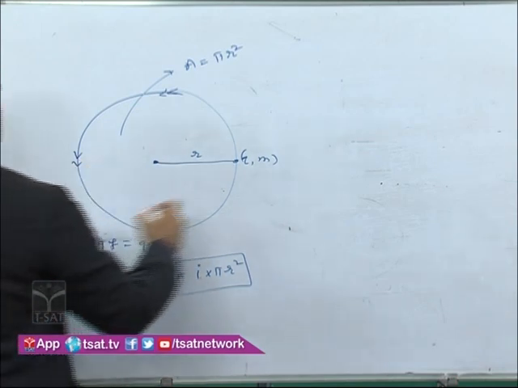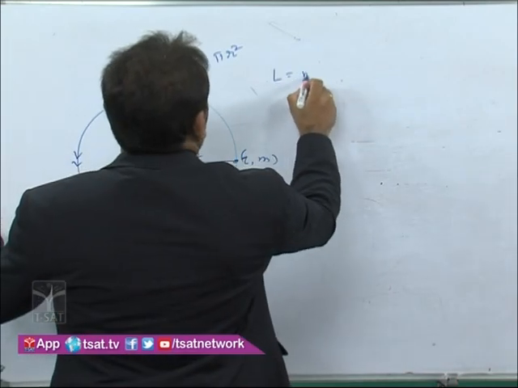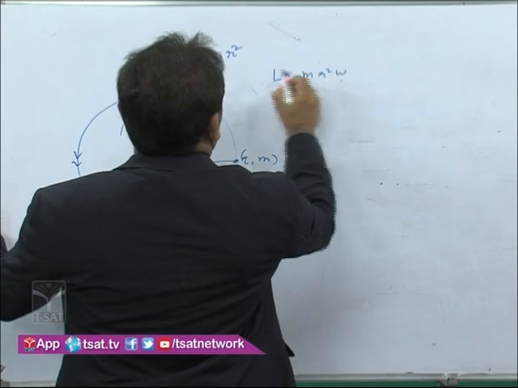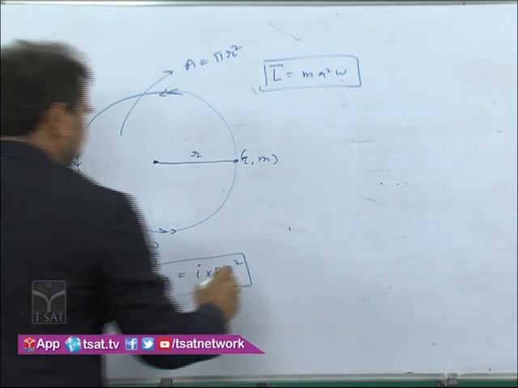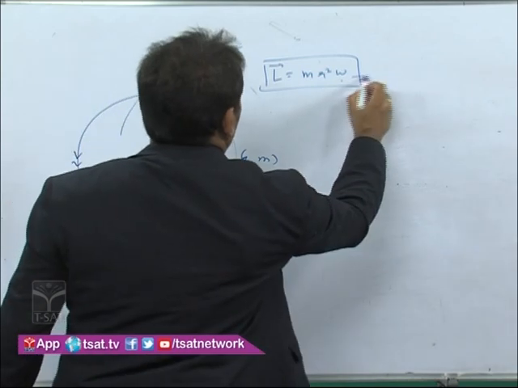Next, its angular momentum is given by L bar = m r square omega. Let this be equation number 1 and this equation number 2.